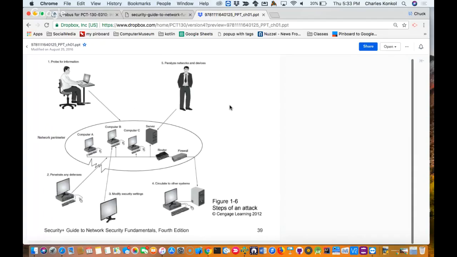Number three, now with administrative rights, because they are actually the server, they can go in and start modifying settings on the network and on people's computers. And then they can begin circulating to other systems, propagating it throughout the system and letting the attack occur to where finally the networks and all the devices are crippled and paralyzed and locked up.